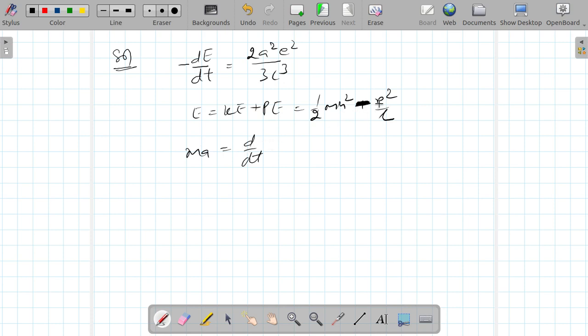This balances this energy, so it is minus e square by r.